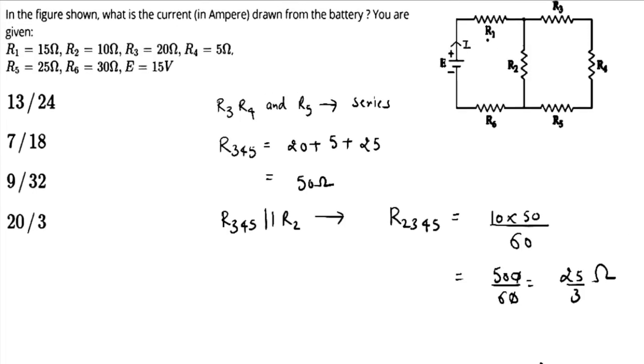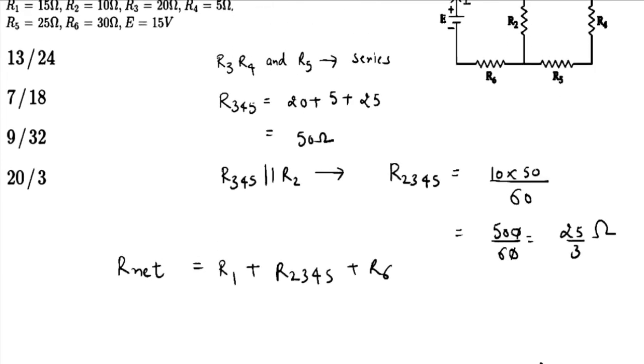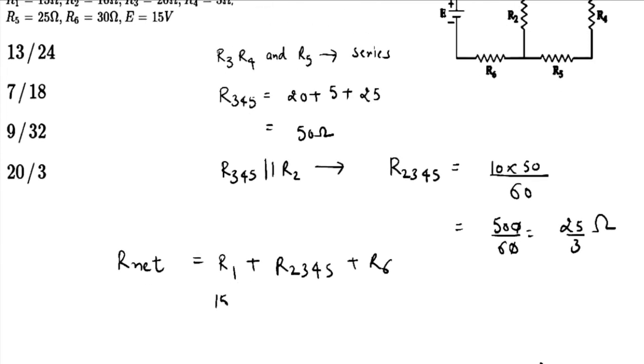Now R1, this new resistance and R6 are in series. So we can say R1 plus R2,3,4,5 plus R6 are all in series. So we get R net. Substituting, R1 is 15 ohm, this resistance is 25 divided by 3 and R6 is 30.